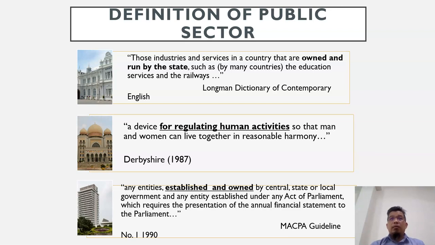One platform to establish government organizations is through Parliament, but others are through executive orders by the Prime Minister or the Cabinet Ministers. So from time to time when you look at government organizations, you'll be able to see how they were created or established.